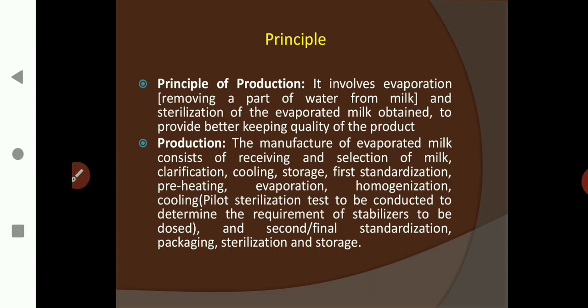Now we will see the principle. It involves evaporation and sterilization of the evaporated milk obtained, to provide better keeping quality of the product. And the steps involve receiving and selection of milk, clarification, cooling, storage, first standardization, preheating, evaporation, homogenization, then a cooling step, and pilot sterilization test.